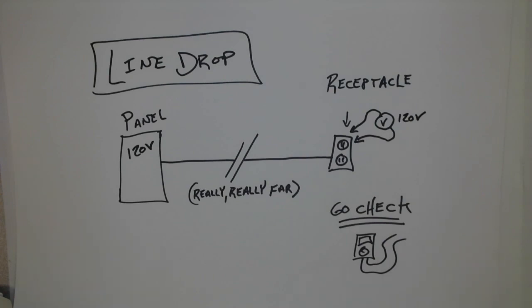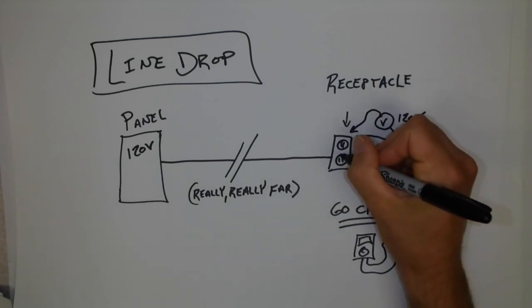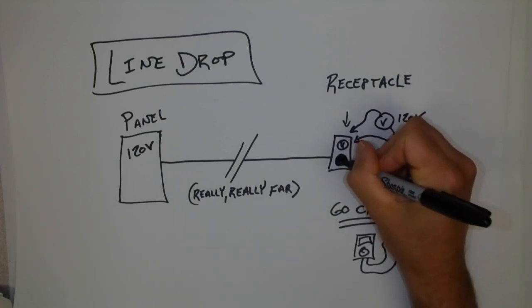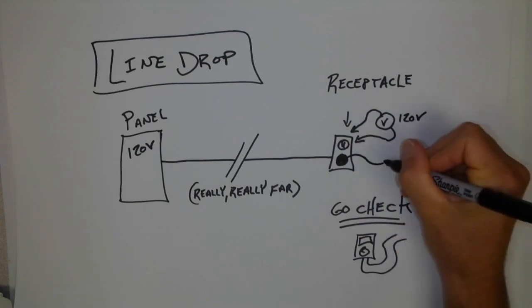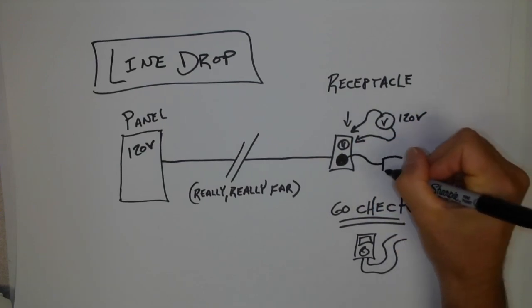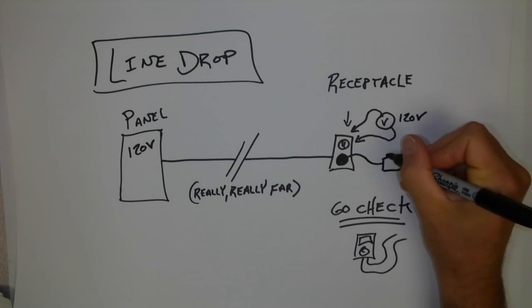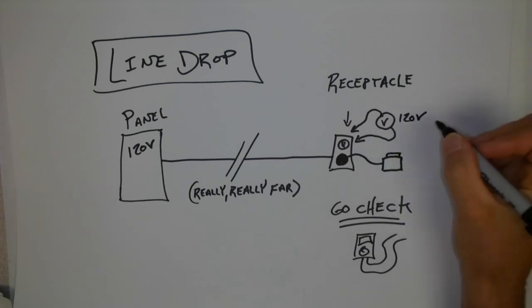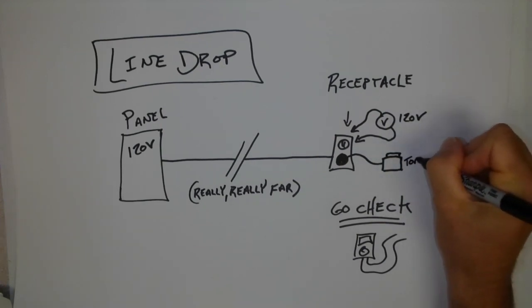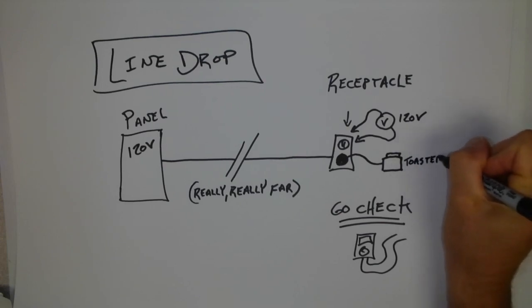How do you check line drop on a circuit? You would have to apply a load. You would have to connect to the receptacle a load. I always like bringing a toaster because a toaster is something that draws a ton of heat. And it's pretty simple to take around, never gets damaged.